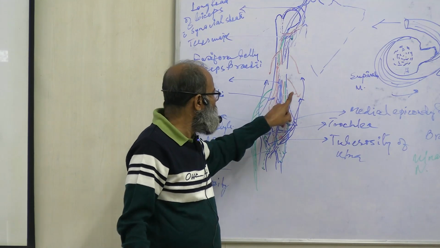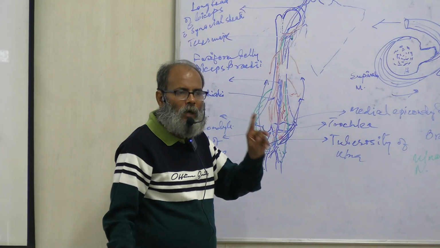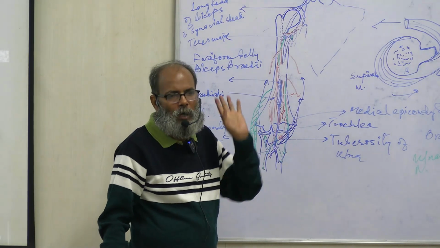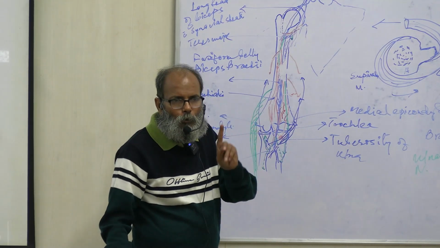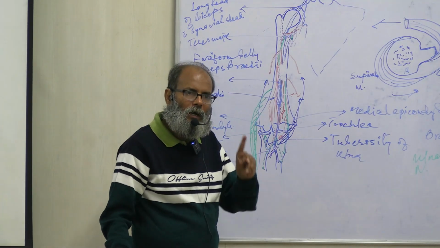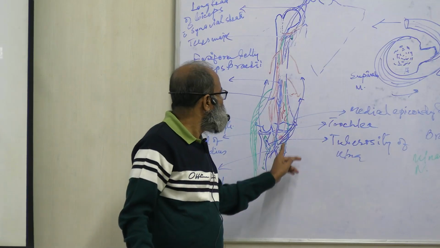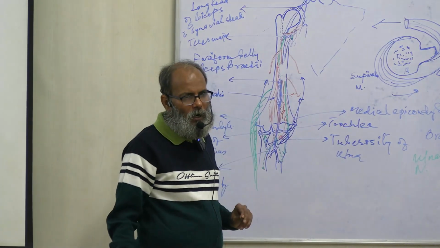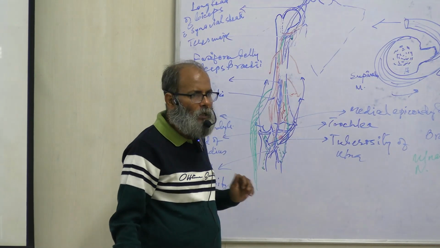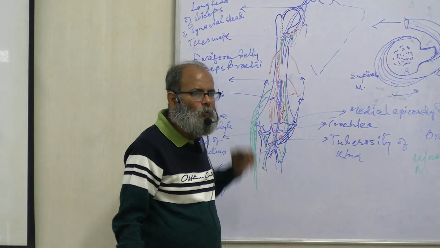Right, this superior ulnar collateral artery is anastomosing with anterior ulnar recurrent artery, and the inferior ulnar collateral artery is dividing into two branches. Number one is descending and another is the transverse branch.